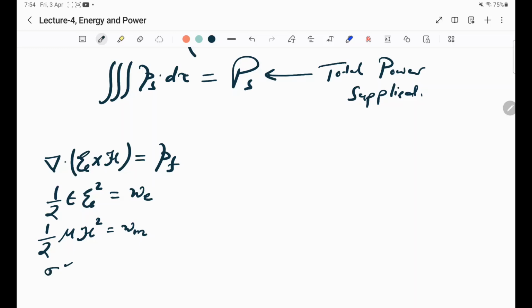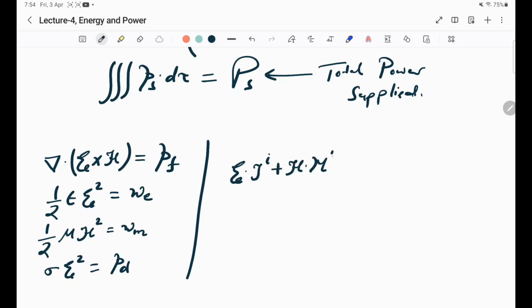We have defined sigma E square as PD, that is dissipated power density, and we have also defined negative of E dot Ji plus H dot Mi as PS, that is supplied power density.